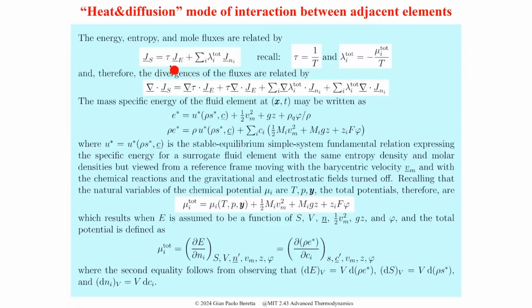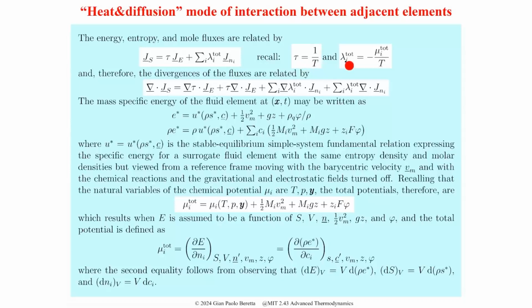Here we are introducing also these variables that are sort of shorthand. Instead of carrying all the times 1 over the temperature, we just call it tau, which I know it's a bit unfortunate nomenclature, because then we will use tau double underline also for the stress tensor, but that double underline will keep the difference.